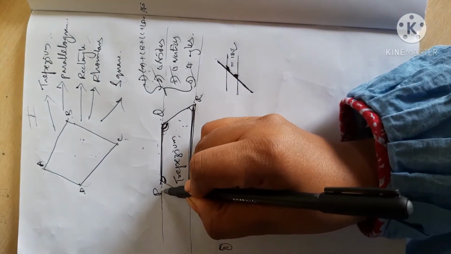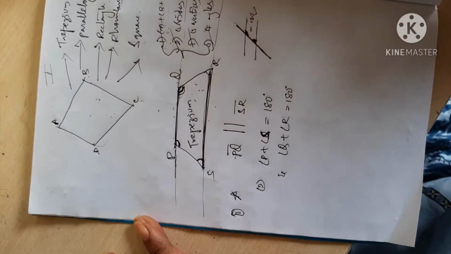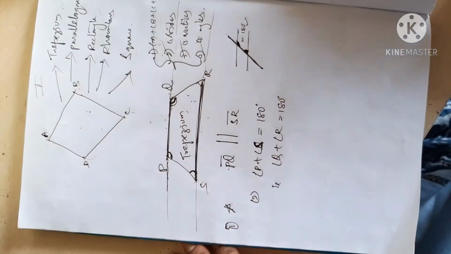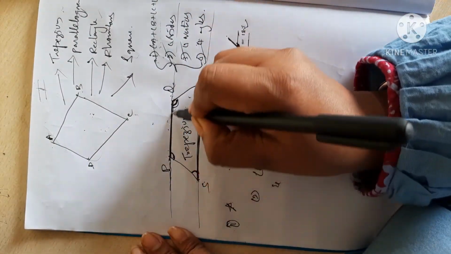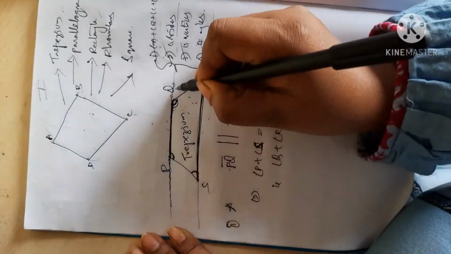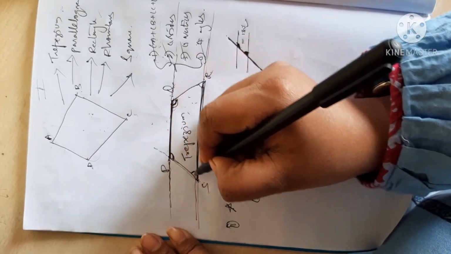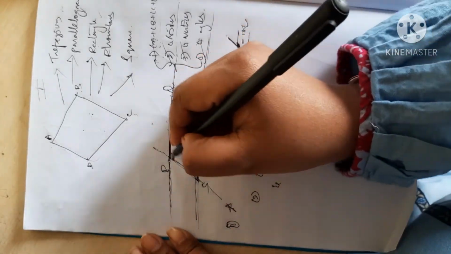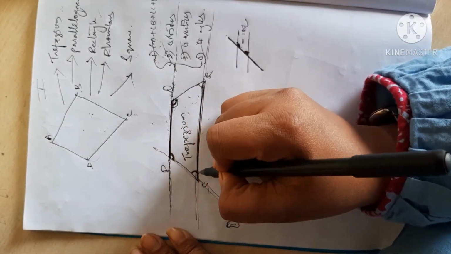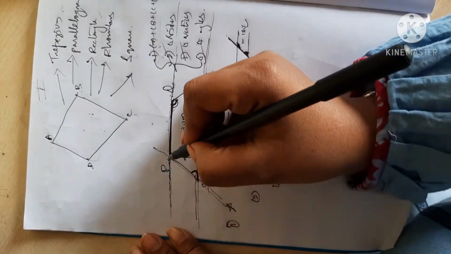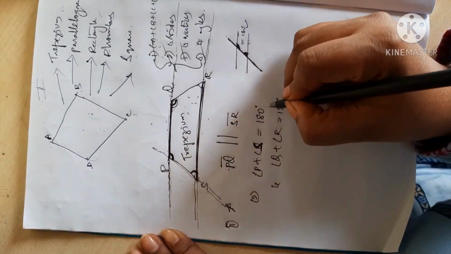So if we extend, I can show you using another... I don't have a pen. Okay, I'll make it dark. This PQ is a line segment. If I extend these two line segments like this, and if I extend PQ also like this, these two are parallel lines and it is a transversal, and the interior angles on one side of the transversal are angle P and angle S. Using this property, angle P plus angle S is equal to 180 degrees.